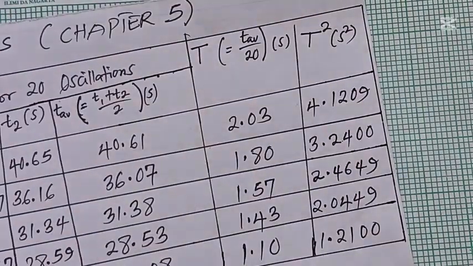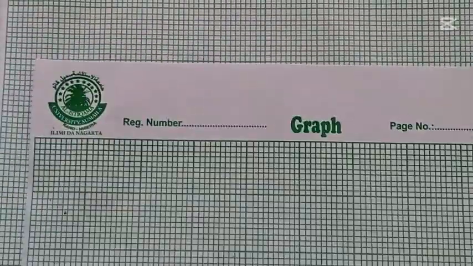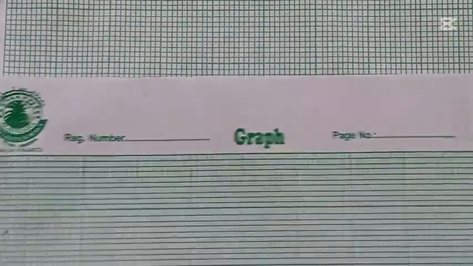Now let's see how we can plot the graph. I'm going to use this graph sheet provided by the university. Here you see, I have the university logo. Now the vertical axis, I'm going to draw the vertical axis now. Make sure you use this long transparent ruler, it is the best option.